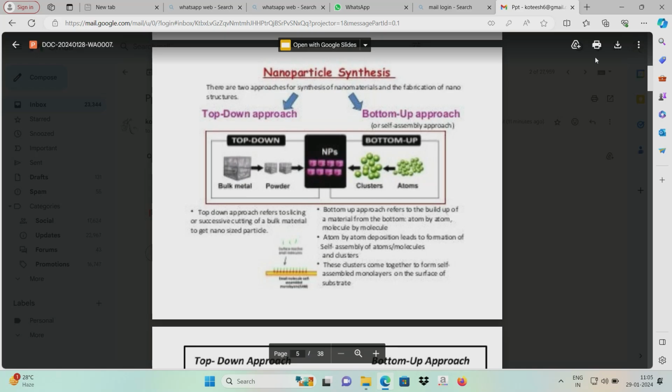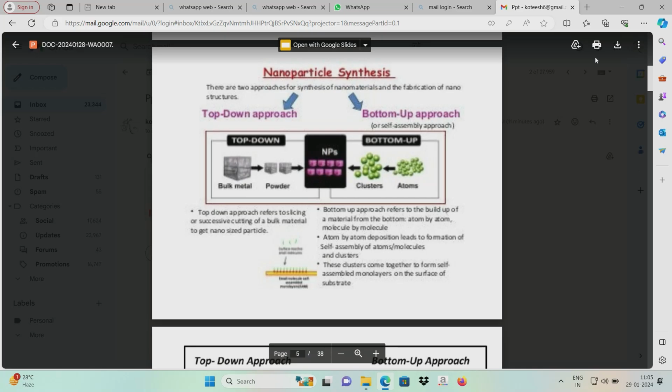This slide explains how the top-down and bottom-up approaches take place in nanomaterial synthesis. The diagram shows the bulk material is reduced to powder material, which is again reduced to nanoparticles. On the right-hand side you can see the green clusters of atoms.